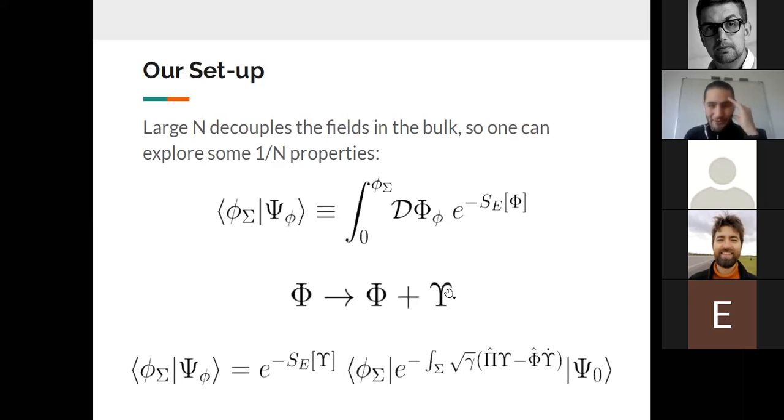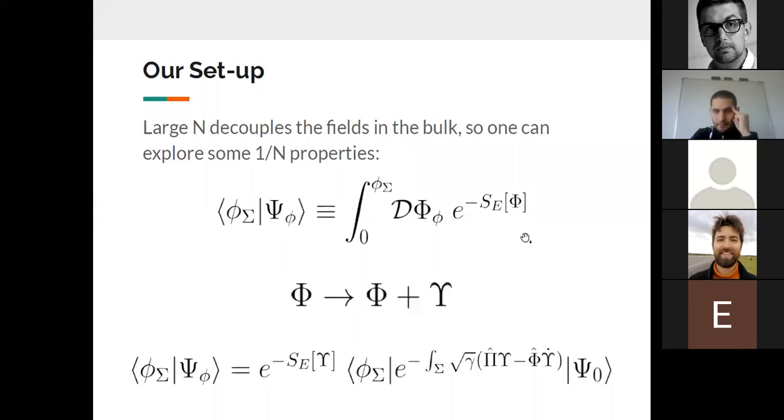I don't know how this is pronounced, but let's say that this field upsilon is the one that meets the boundary conditions, and then you will have again a field that has to do with the fluctuations with zero boundary conditions. So you can end up cleanly rewriting this state as this expression, which is formally a coherent state, and you can compute the expectation value of pi and the expectation value of phi.